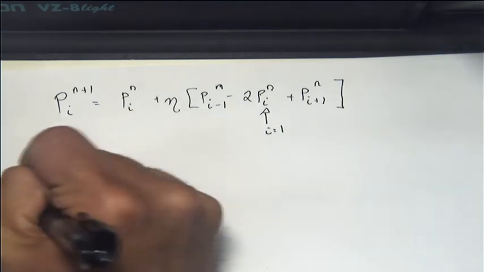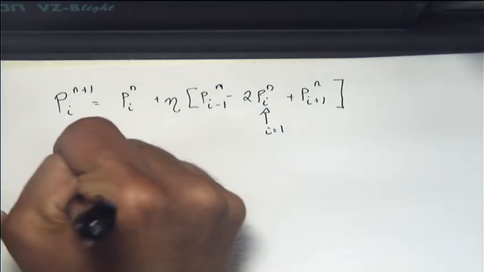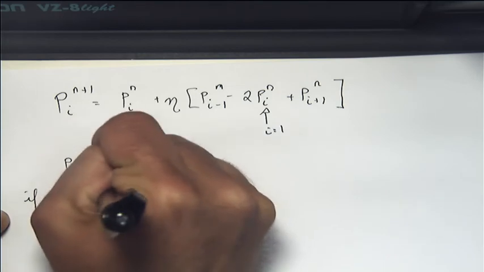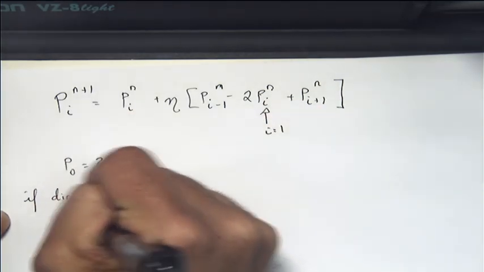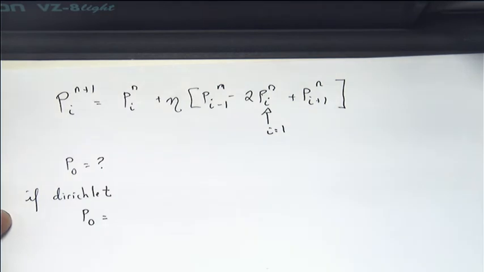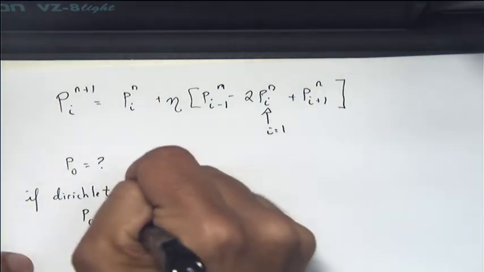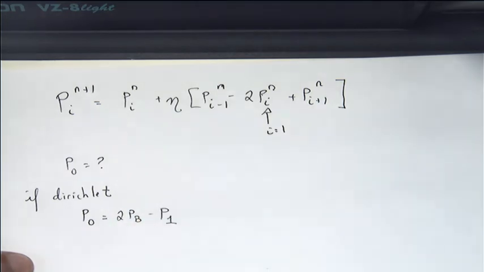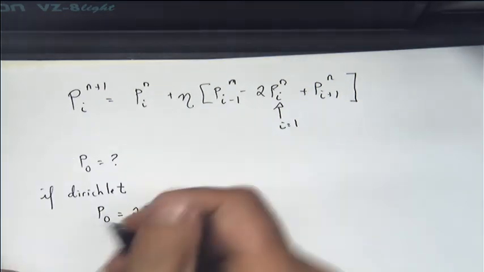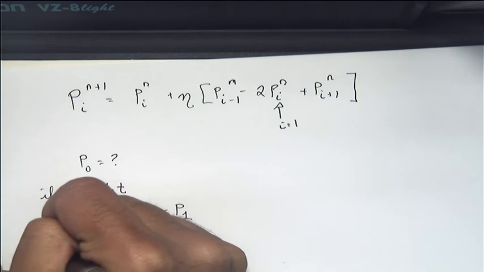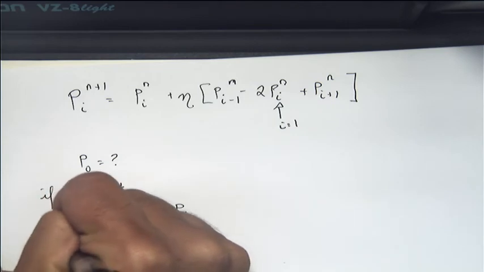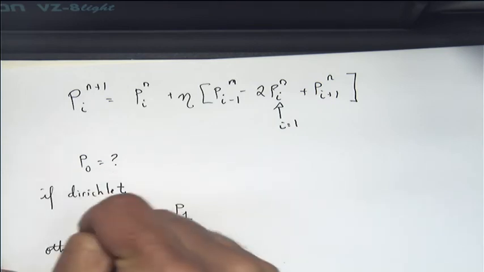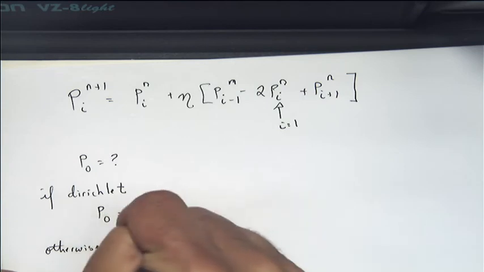What we learned is if it's a Dirichlet boundary condition, P0 would be equal to 2 times P boundary minus P1. Otherwise, P0 is equal to P1, right?